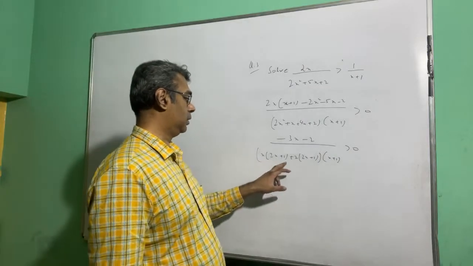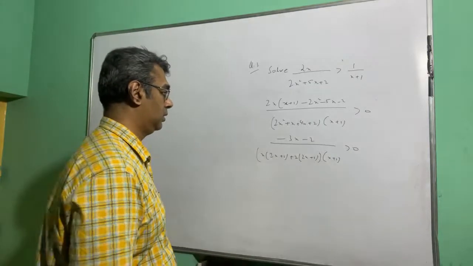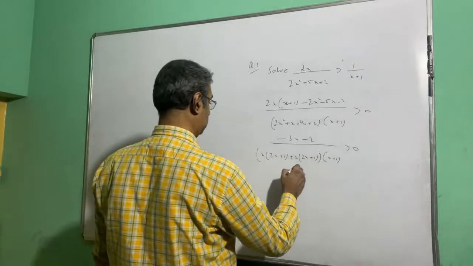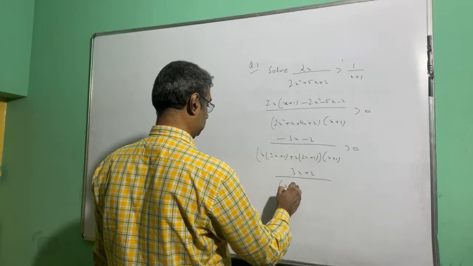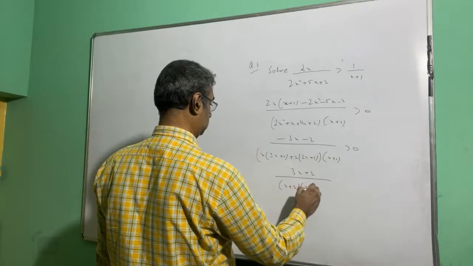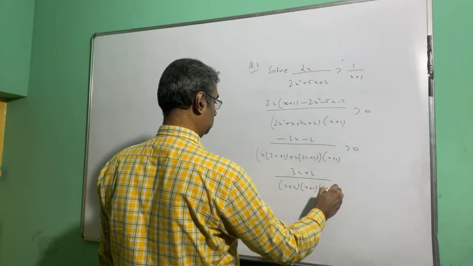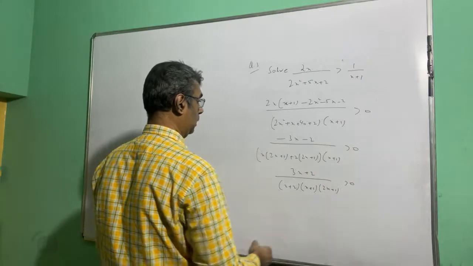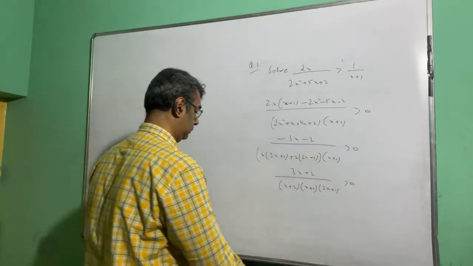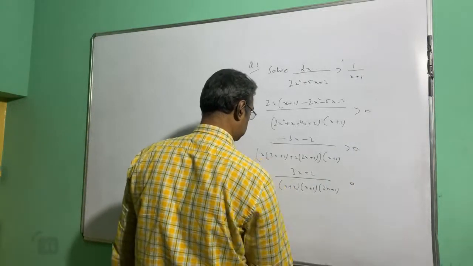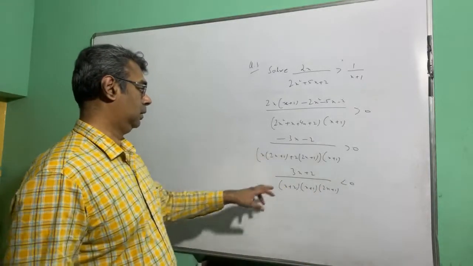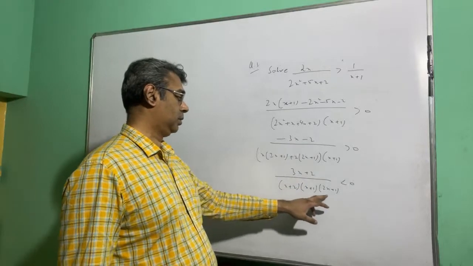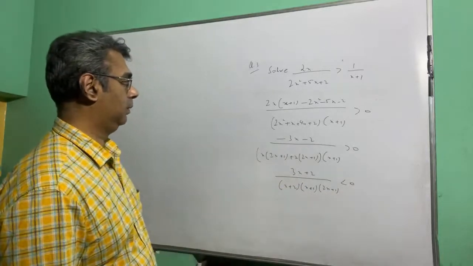divided by x into (x plus 1) plus 2 into (x plus 1) into (x plus 1) is greater than 0. So (3x plus 2) by (x plus 2) into (x plus 1) into (x plus 1) less than 0.